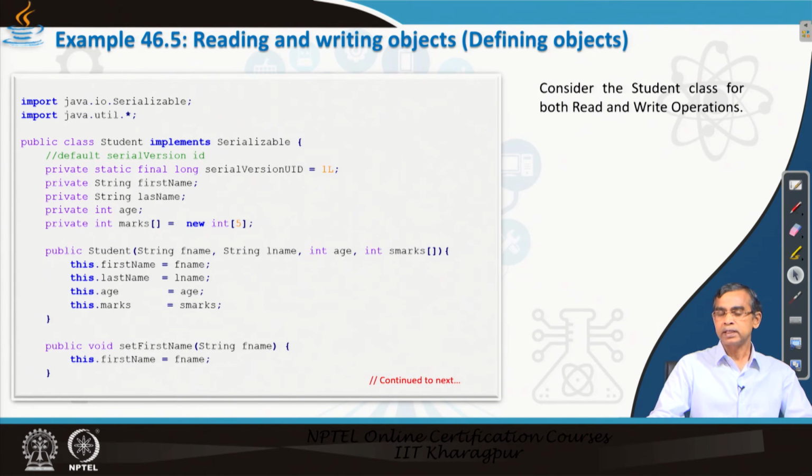First of all, we should consider one user defined class for which we want to store the object. Let the user defined class be Student. Here we just define the class Student, and here you see it implements Serializable. That is the one concept. Serializable is an interface basically required in order for reading and writing to be synchronized. What is the meaning of that? Suppose you store one file with some class definition using one program.